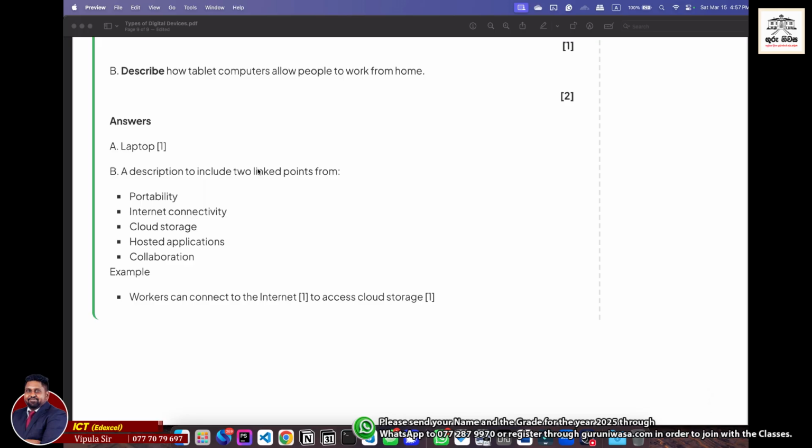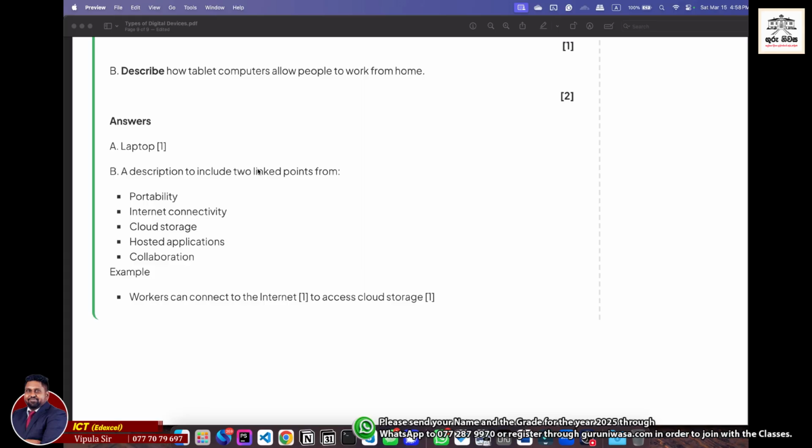As well, when it comes to tablets, obviously, as we know, they have Wi-Fi access, so internet connectivity is also there. Now in these answers, we talk about cloud storage, hosted applications, and collaboration.